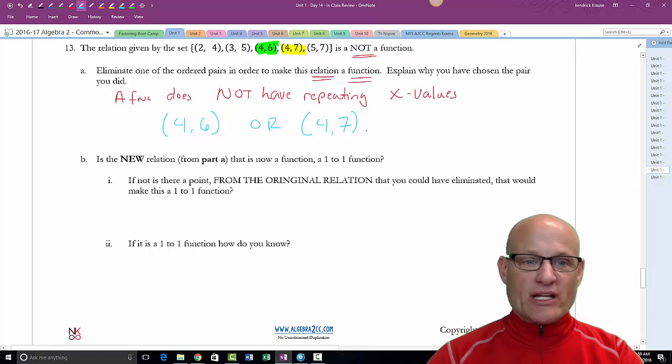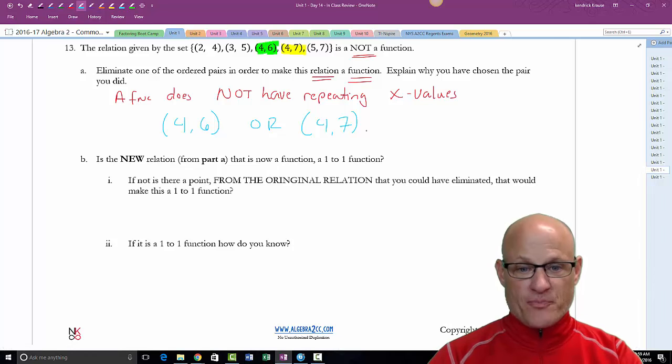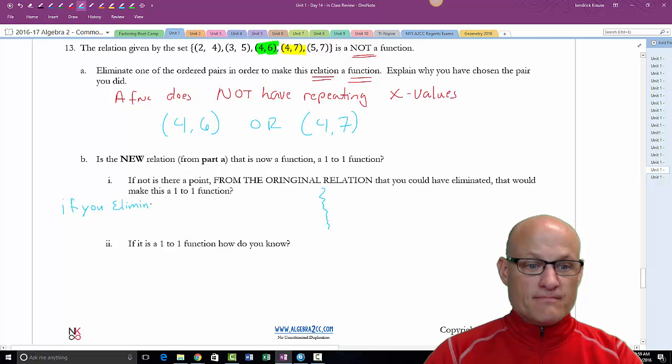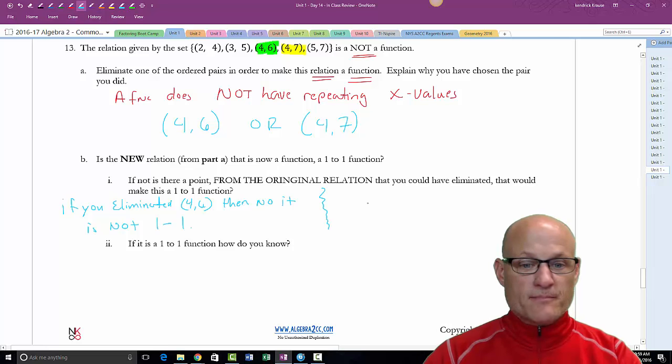So is the new relation that you created from part A now a 1-to-1 function? So now, because the first answer could have been either one, I got to answer this 2 different ways. If you eliminated (4, 6), then no, it is not 1-to-1.